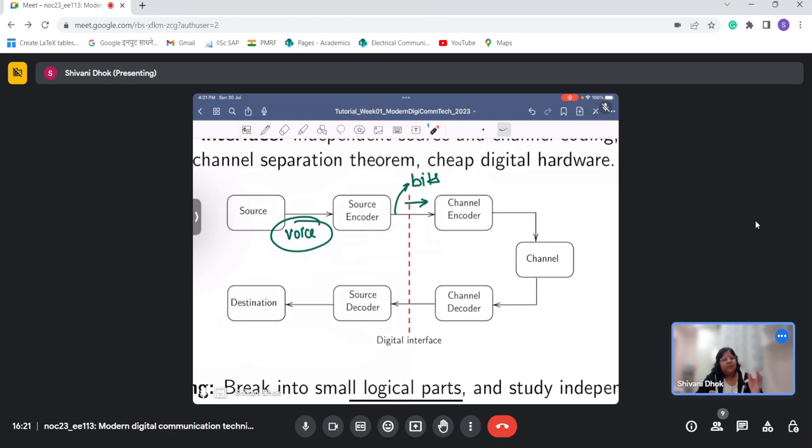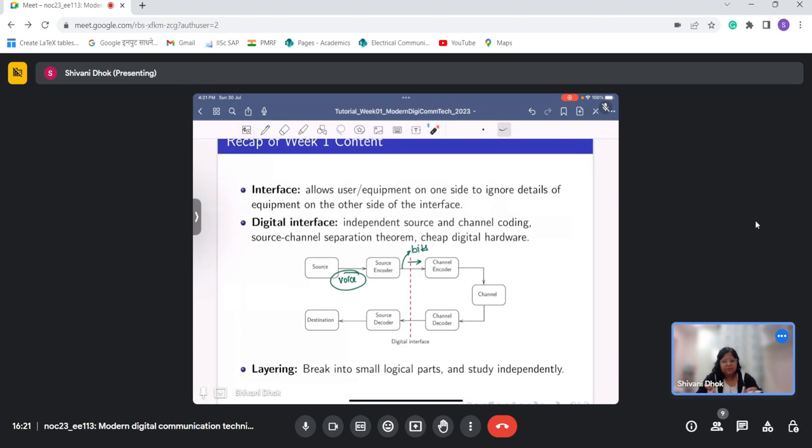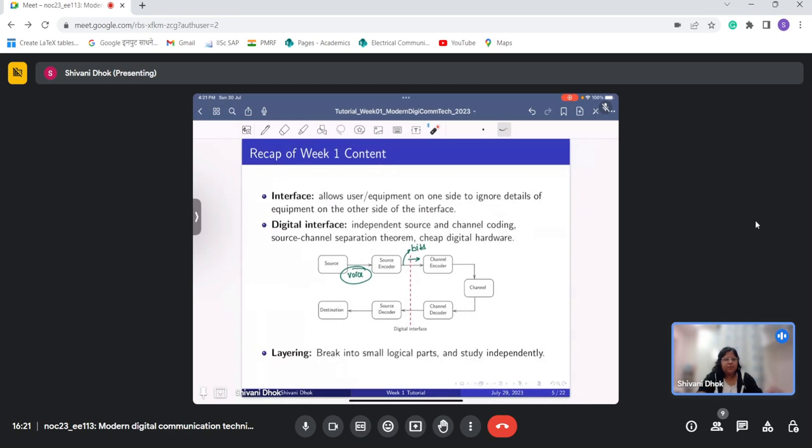They can be completely irrelevant. It's more than irrelevant; it's okay to not know the information about it. Now, this digital interface, which is located here, is not present in analog communication. What this digital interface helps us with is independent source and channel encoding, which happens due to this interface here.